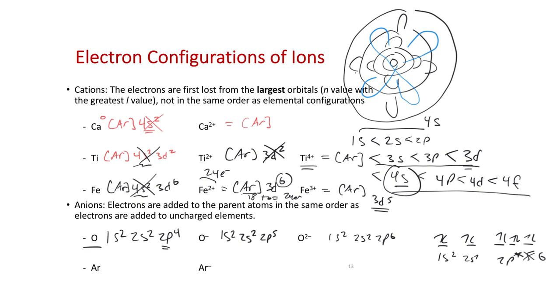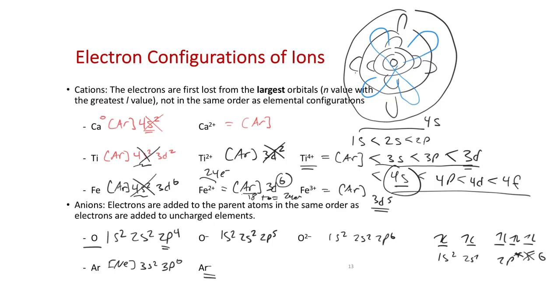Now, once you get to a noble gas configuration, the next subshell is a lot higher in energy. So to pack an electron into argon, to go to argon minus, is not very likely, because we already have the neon configuration, 3s2, 3p6.